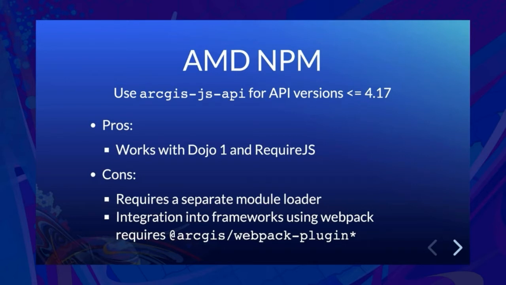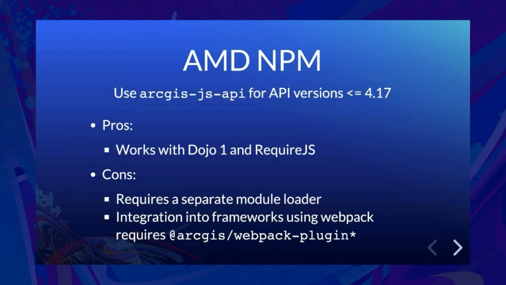If you're building a newer application, starting at version 4.18 and later, then you should be looking at our ES modules. Now the AMD NPM, it works with Dojo 1 and Require.js. So if you're using those in your application, you have requirements to use those, then this is the right module type to be using in that application.